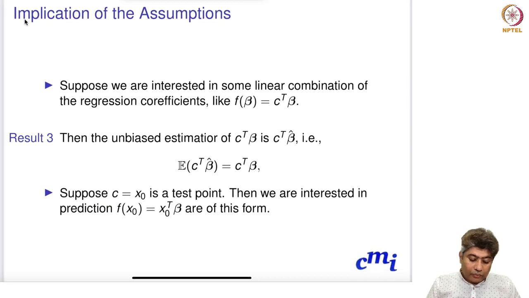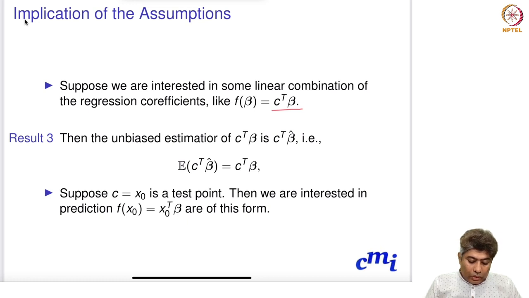Now, suppose we are interested in some linear combination of the regression coefficients, some C transpose beta. What is the interpretation of this? We will come to that. We will do an example and then it will become much more clear to you.